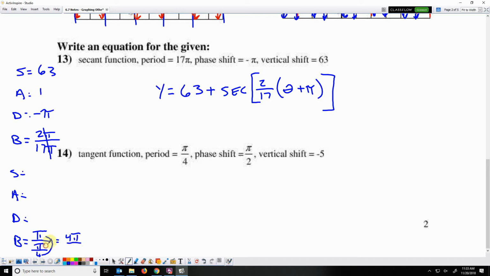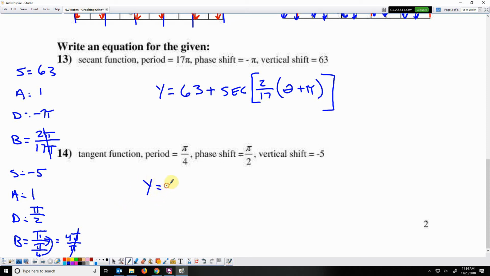Inner loop is pi times 1. So B is going to be 4. Phase shift, displacement, pi over 2. Vertical shift, negative 5, and nothing about a vertical dilation, so amplitude is 1.